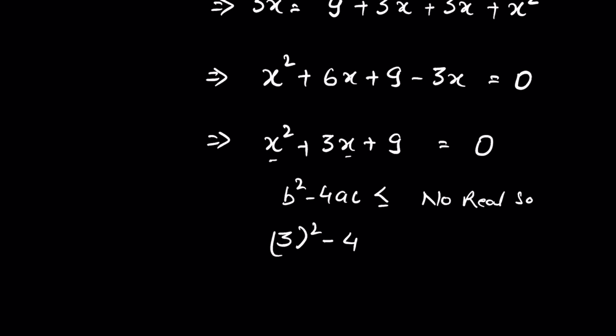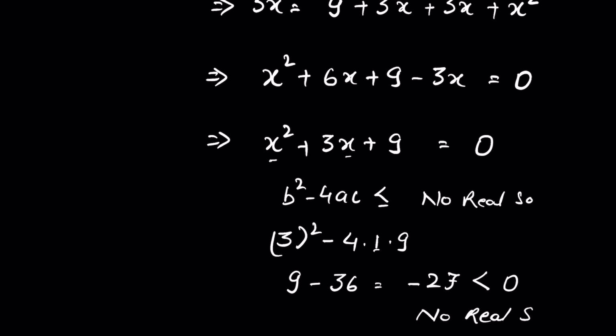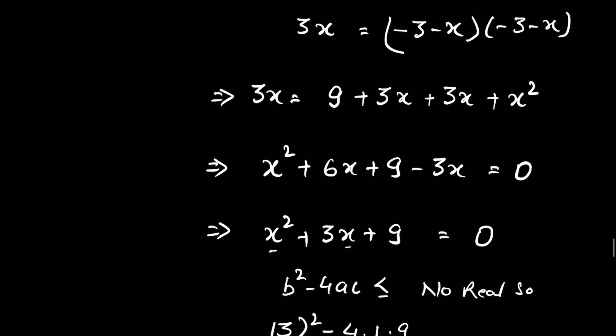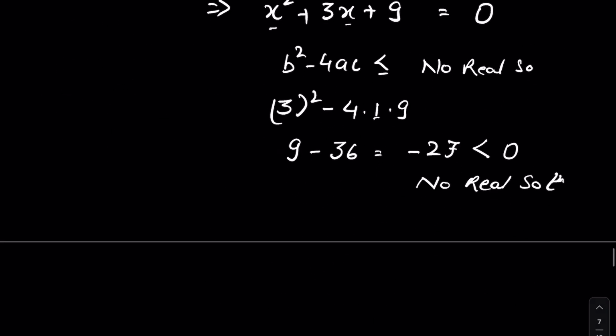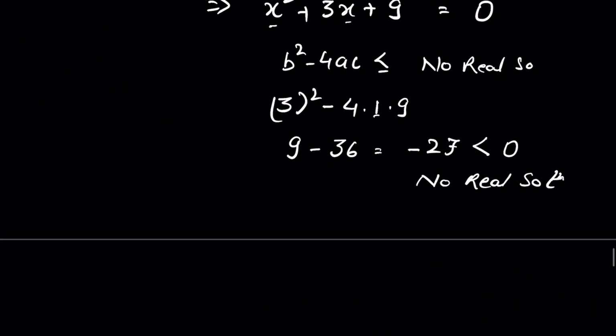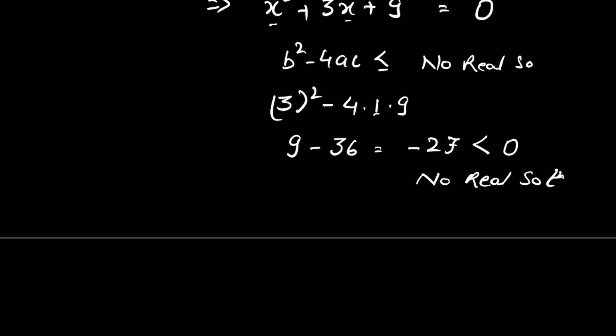A here is coefficient of x square, that is 1, and c here is 9. 3 square is 9 minus 36 equals minus 27. So it is less than 0, so there is no real solution. So if the question asks for only real solution, then our answer is x equals 3. If question asks for all the solutions for x, then we need to find the complex solutions too.